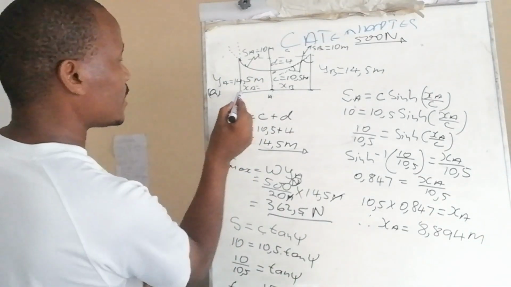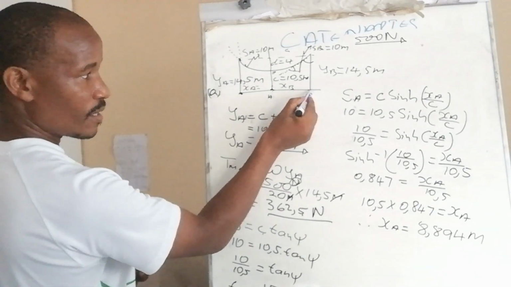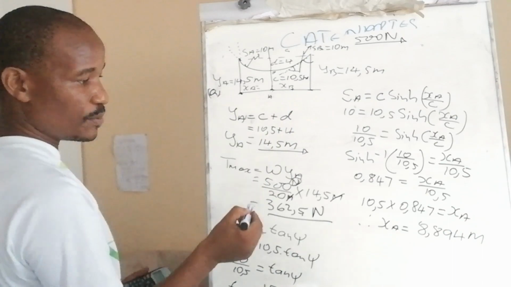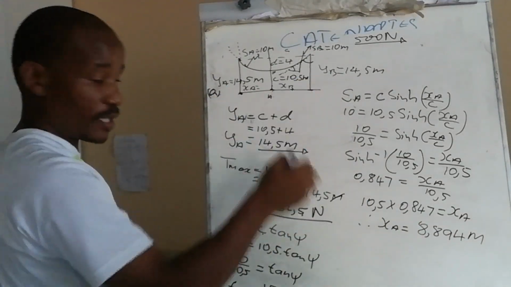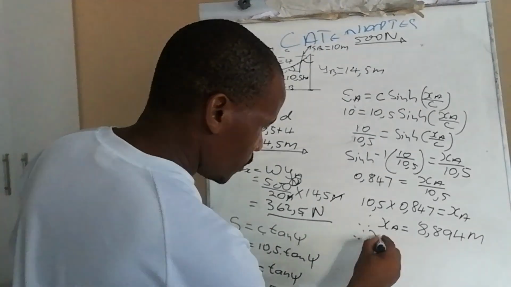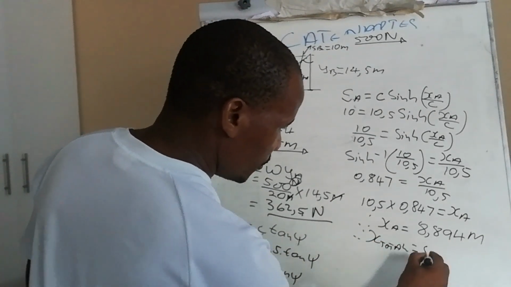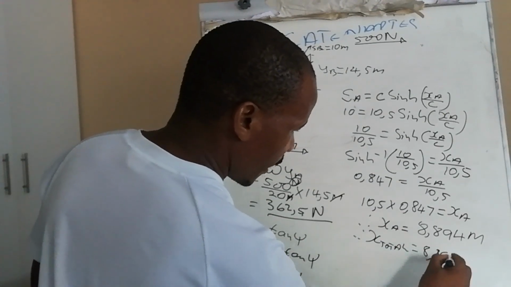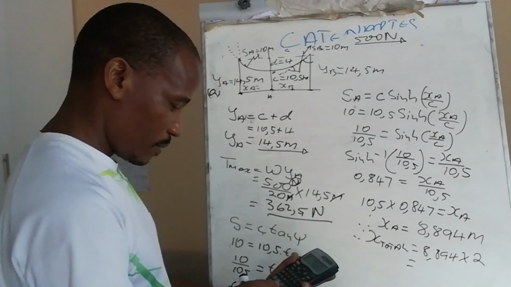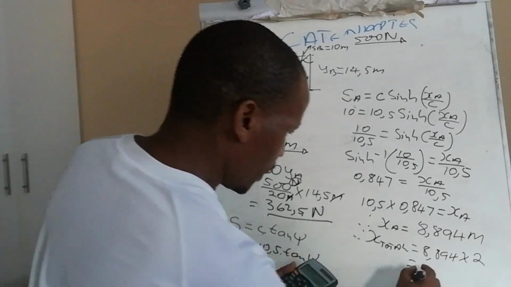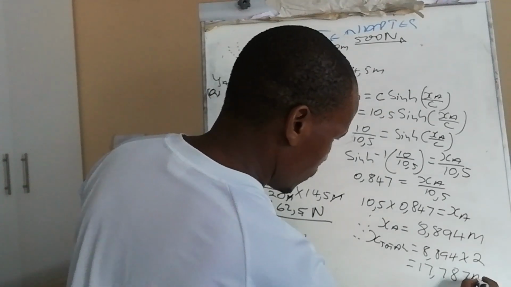Now, what is the distance from here to there? XA is equal to XB, so you have to add them together. Therefore, the total X will be 8.894 multiplied by 2, and you get 17.787 meters.